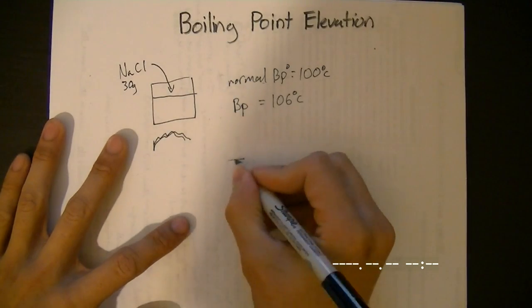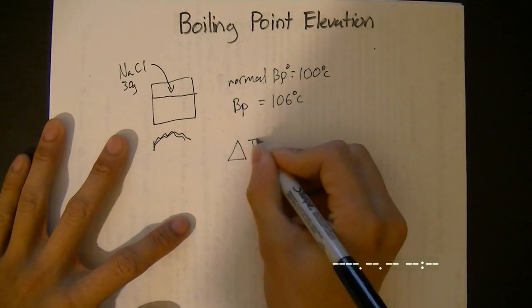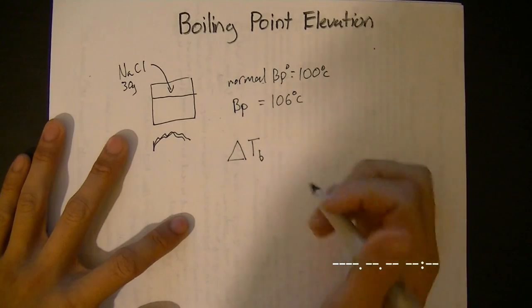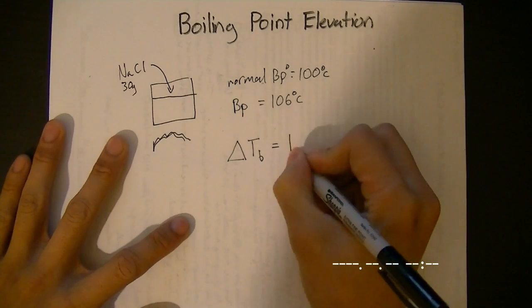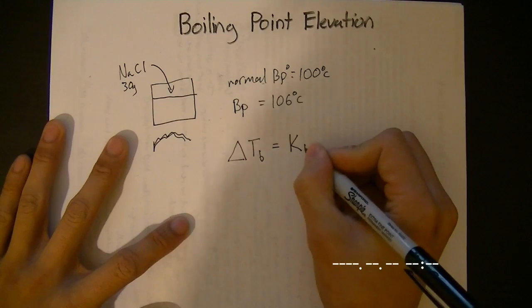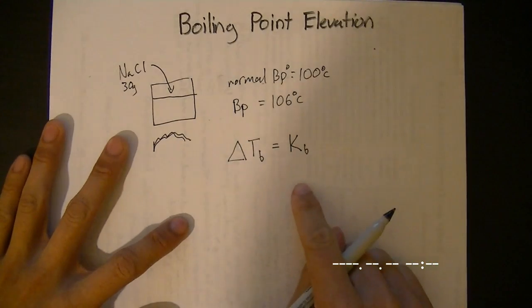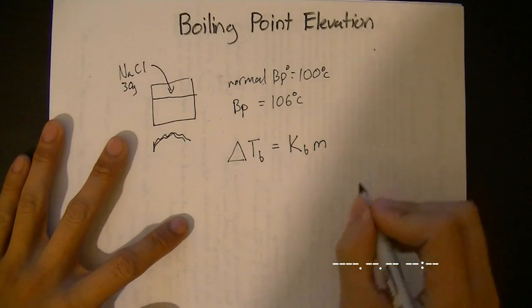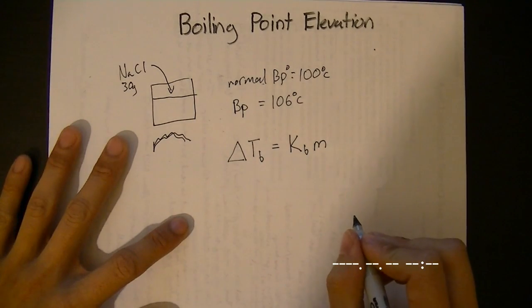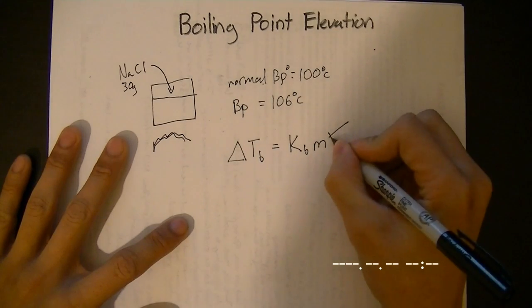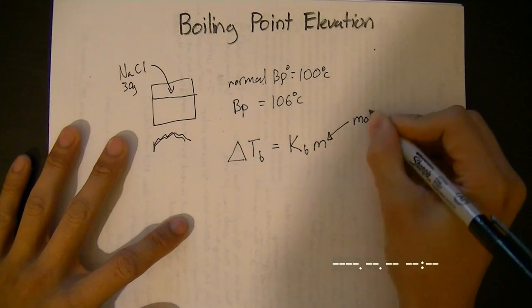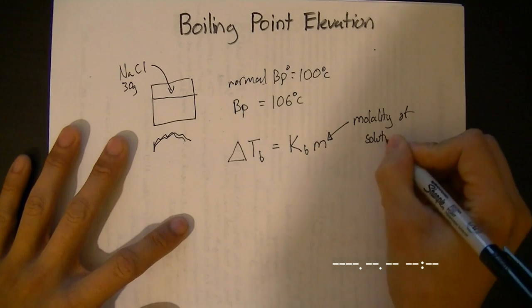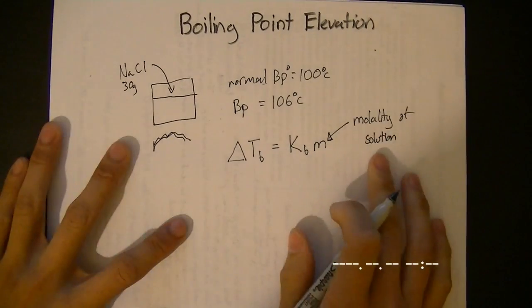Essentially, all we have to do is find the change in temperature, the delta T. I'm going to say TB for T boiling, is the molal boiling point elevation constant times the molality. Interesting. Okay, this is the molality of the solute.